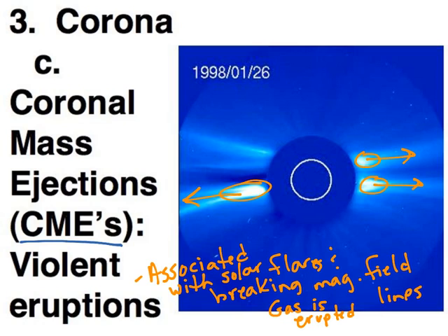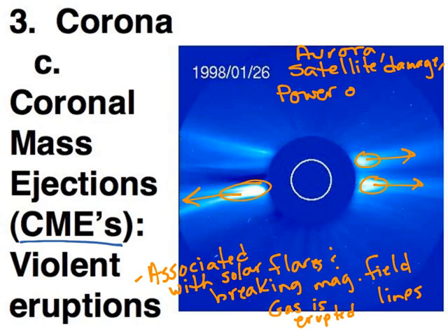And again, if these interact with Earth, we're going to get aurora. We can get satellite damage if it's really powerful, and if the satellite isn't protected properly. It can affect power grid, so you can get power outages.